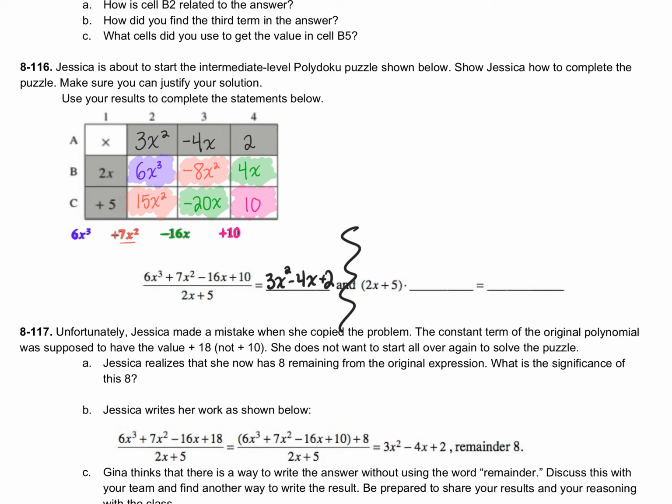So we have both the multiplication and the division that we can write from this Sudoku process. So this is dividing polynomials, and this is a really important skill when we start looking at finding the intercepts of a function.